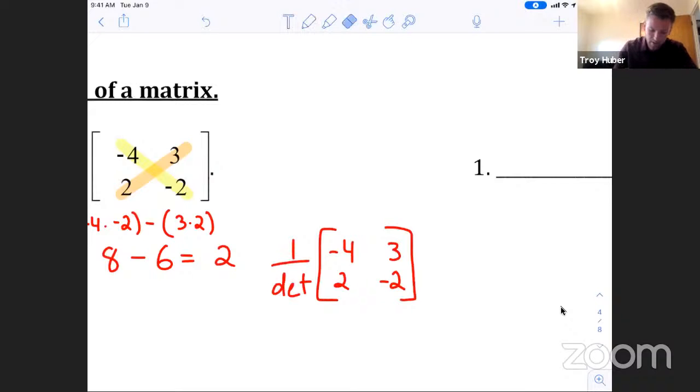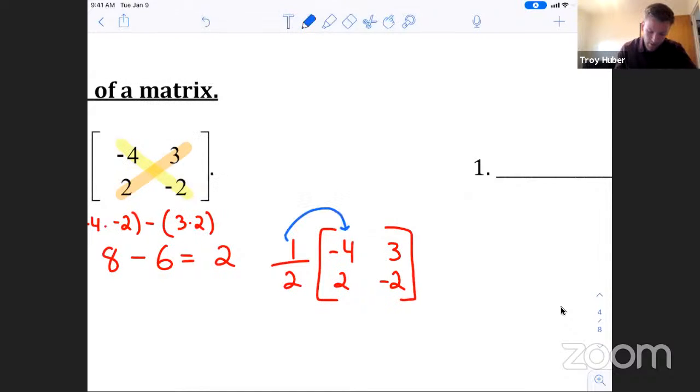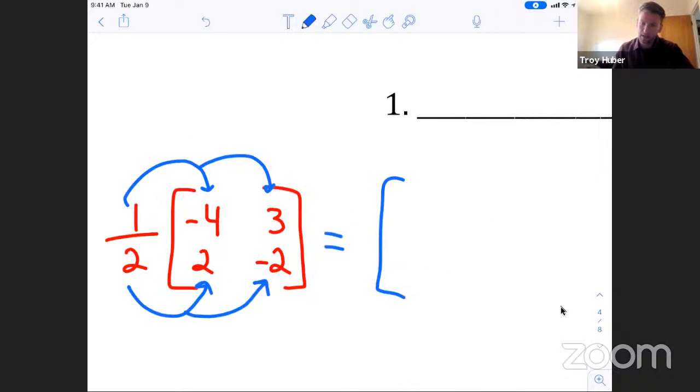Okay, or in this case, our determinant is 2. So now, just like before, I have to distribute this 1/2 to everything in my matrix. Well, multiplying something by half is really the same as dividing it by 2. So I'm just going to think about these more as dividing it by 2.